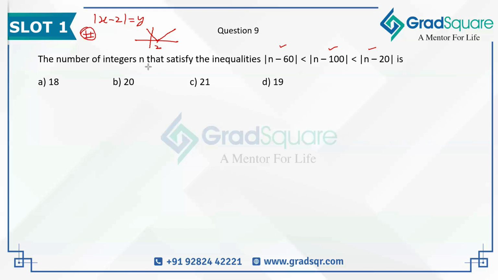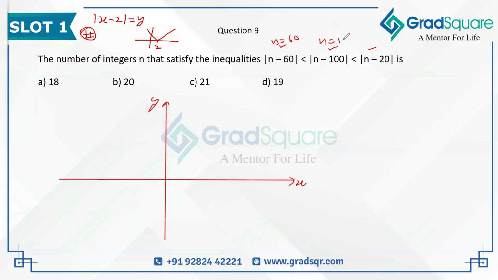The number of integer solutions of n that satisfies this inequality is what the question is talking about. If I have to draw the graph of these three individual modulus functions, then I understand that these modulus functions are going to bend at n equals 60, n equals 100, and n equals 20.